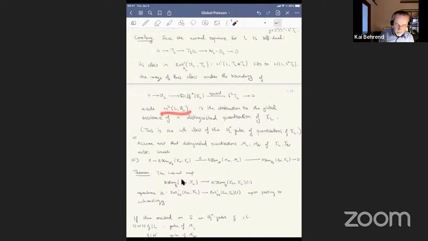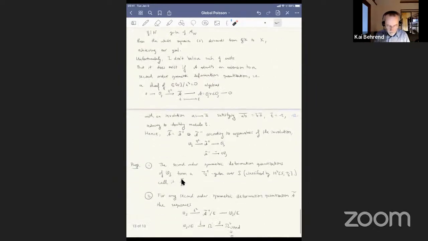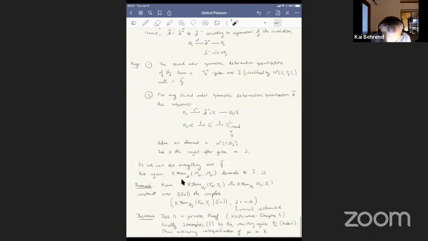This H2 of OL, which I concretely described here, constructed on L. I need to prove that the one for L and for N restrict to the same on X. I can do that by extending them both into S. And that is done by looking at second order deformation quantizations of S, and the obstructions to those are exactly what I need, and then the theory of twisted sheaves will solve the problem. So sorry about that, I'm just going to skip all that.